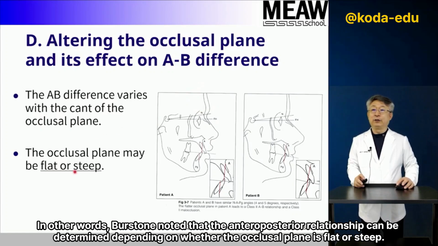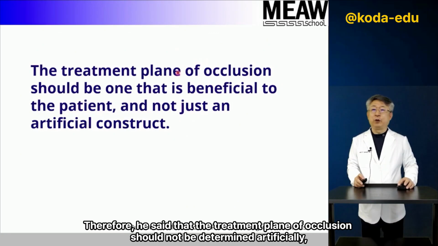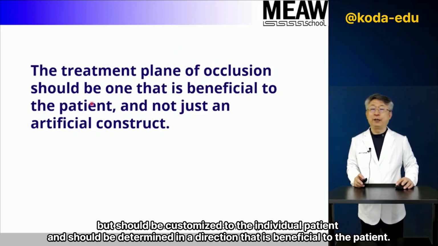In other words, Burstone noted that the anteroposterior relationship can be determined depending on whether the occlusal plane is flat or steep. Therefore, he said that the treatment plane of occlusion should not be determined artificially, but should be customized to the individual patient, and should be determined in a direction that is beneficial to the patient.